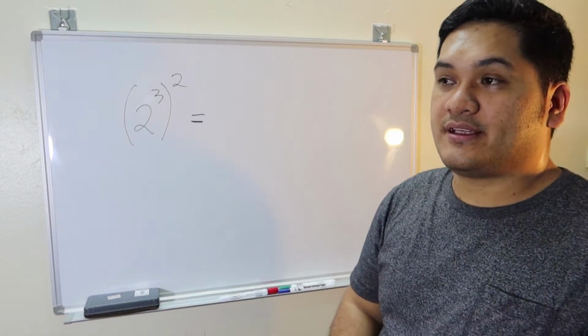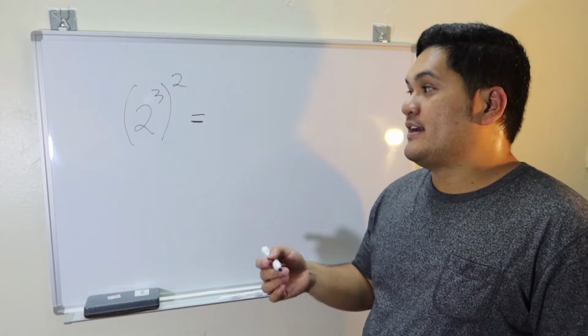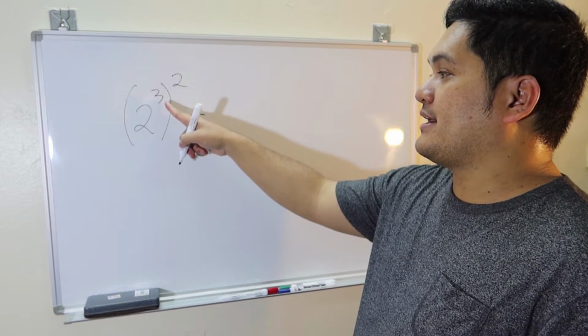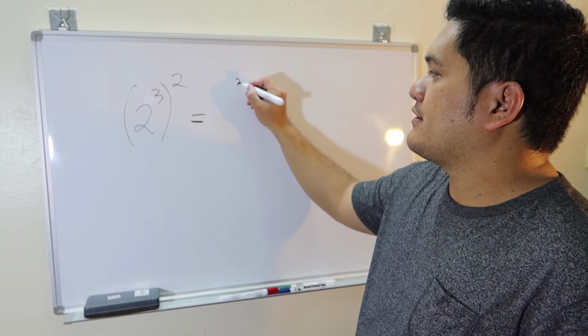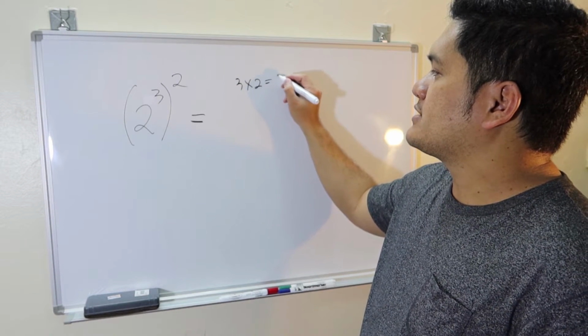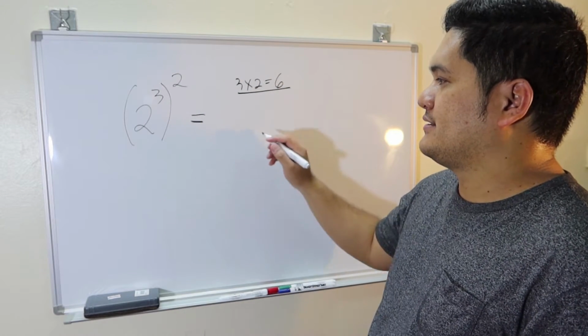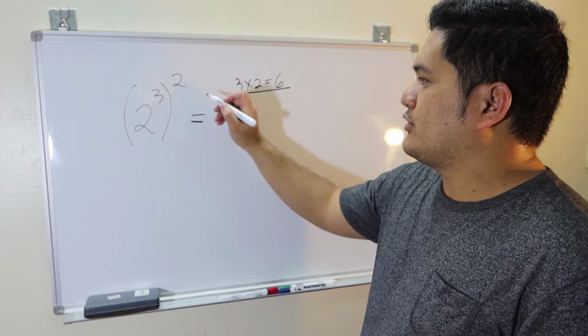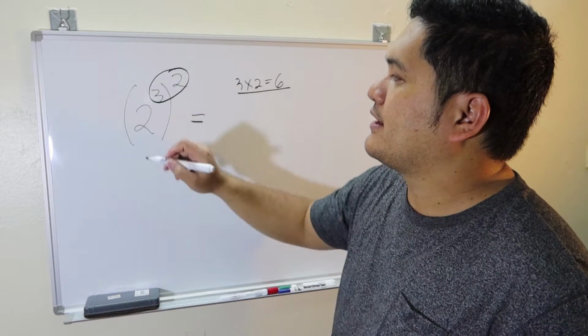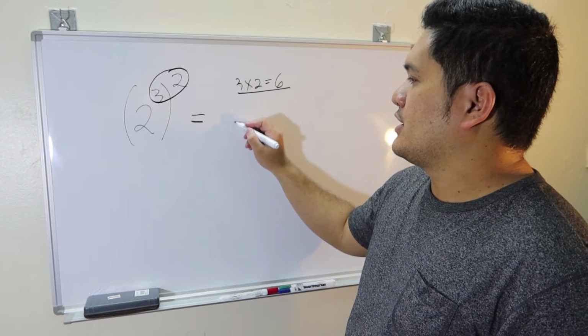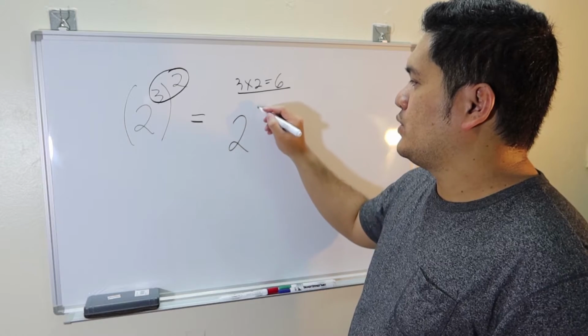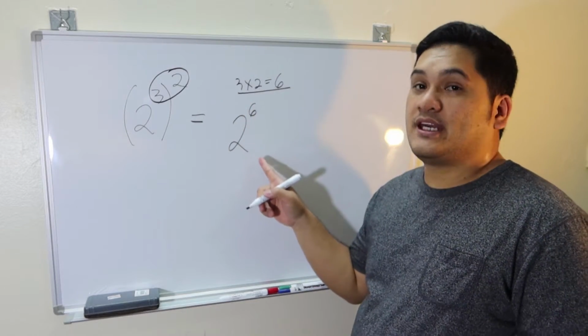Ang gagawin lang daw natin is, we're going to multiply the powers. So, ang mangyayari is, 3 times 2 equals to 6. 6 na yung powers natin. Copy your base 2 raised to 6. Ito yung magiging answer mo.